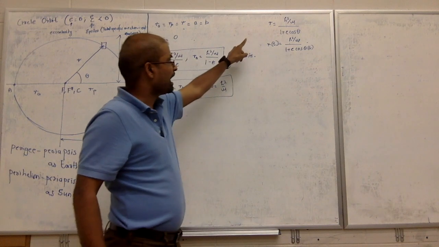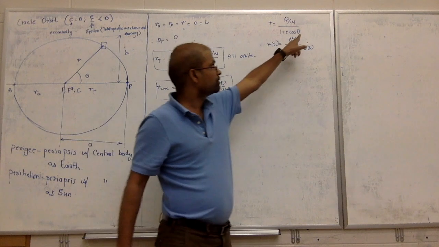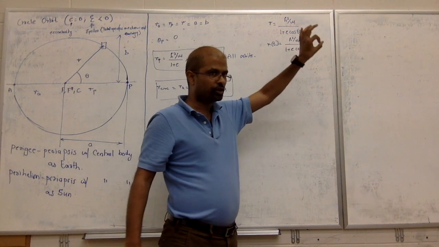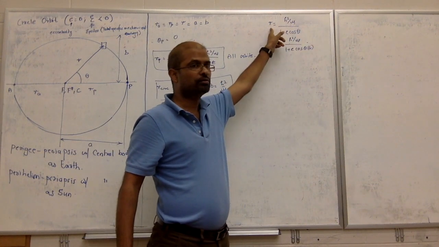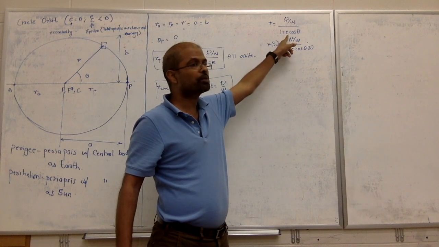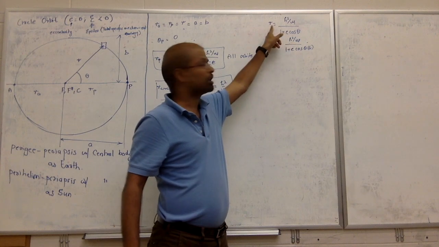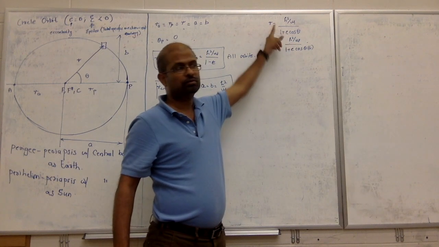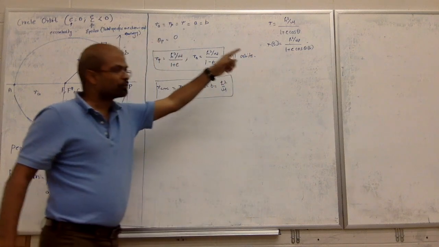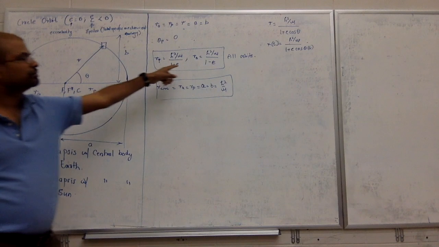At P, this θ becomes 0, that becomes r_P. And for a circle, e becomes 0, and this becomes r_circle. So what about r_A? θ becomes 180. That becomes r_A. You understand?